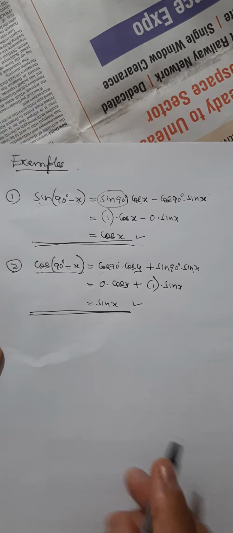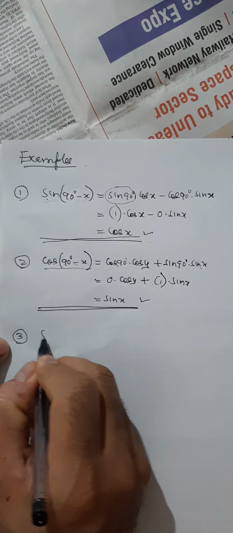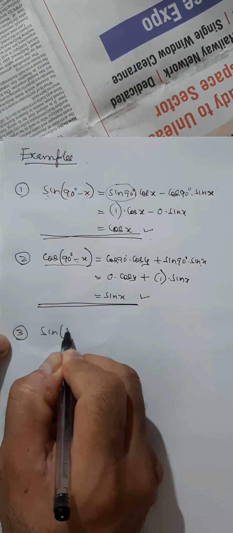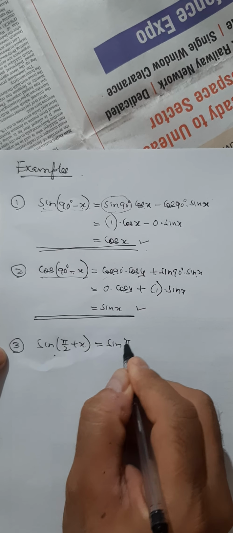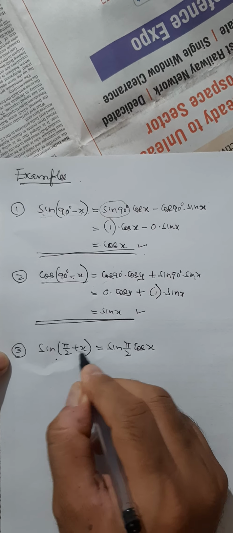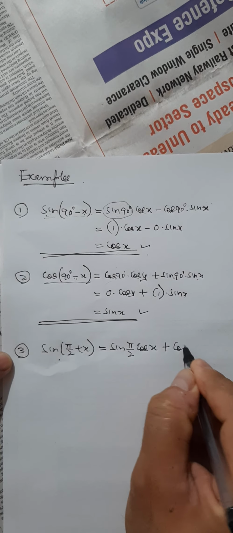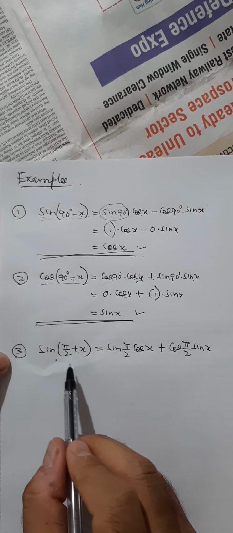Fine. Now the next question is how we'll get this. This you have not studied: sin(90 degrees, that is pi by 2, plus x). This you were not knowing. So let's expand this. Sin x into cos y, y is x. In the sine function you have the same sign, plus cos x into sin y, y is x here, remember.